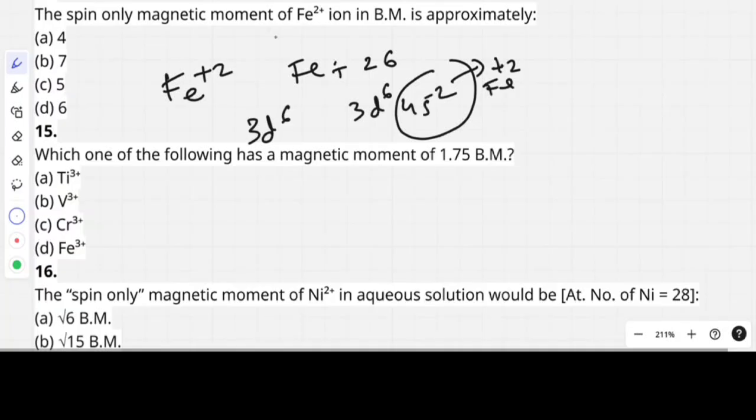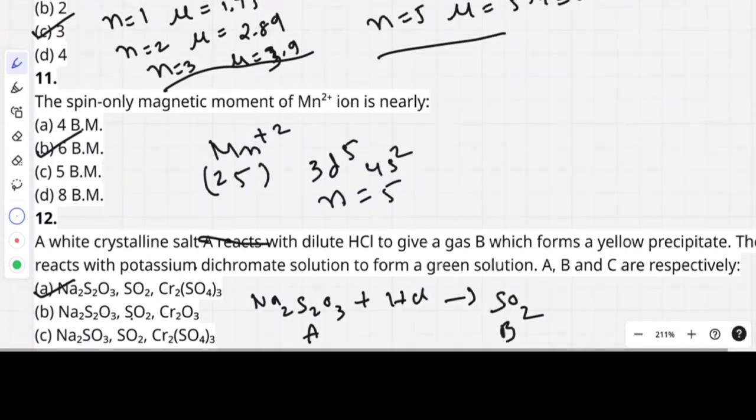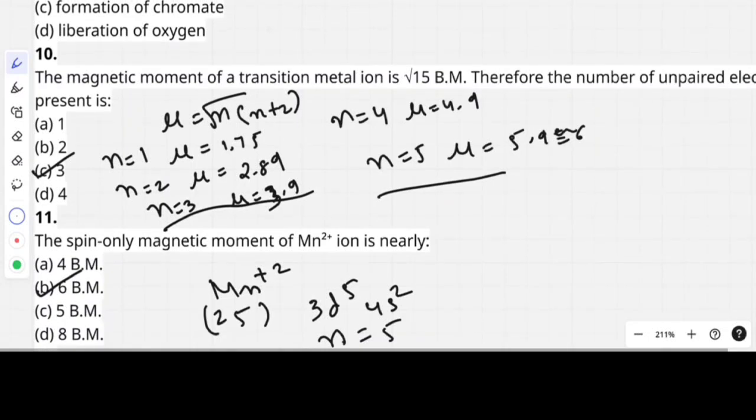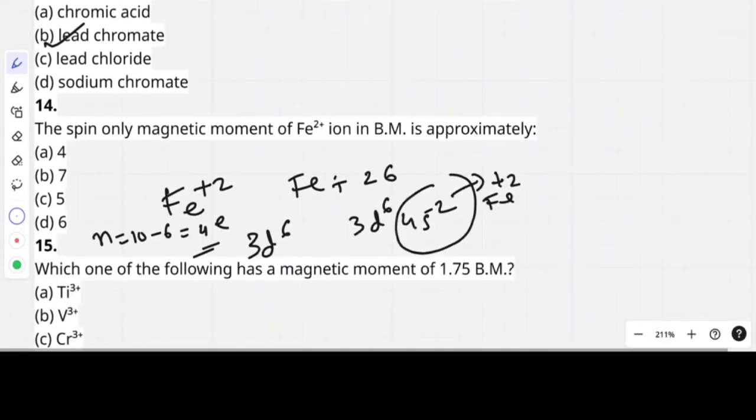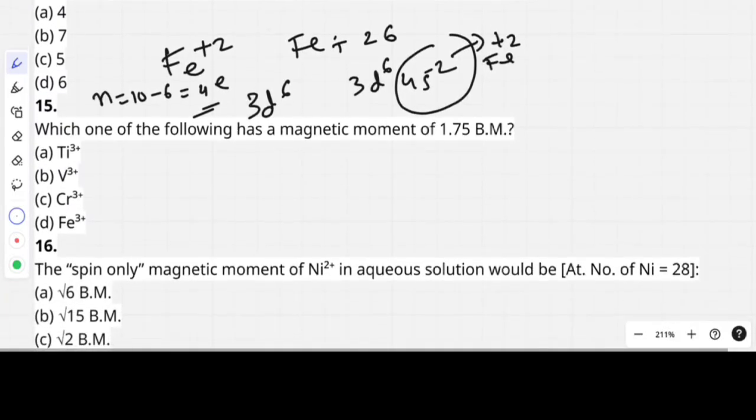If d contains 6 electrons, n is equal to 10 minus 6. It contains 4 unpaired electrons. Already I showed you the hint: if n is equal to 4, mu is equal to 4.9. So mu is equal to 4.9 means option C is correct.